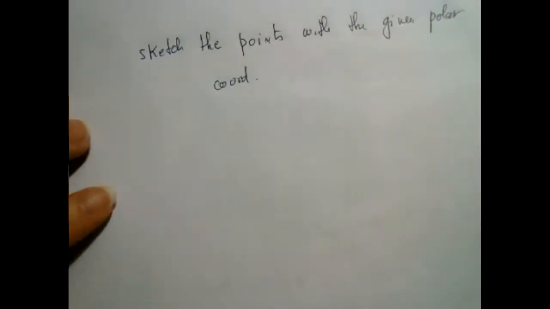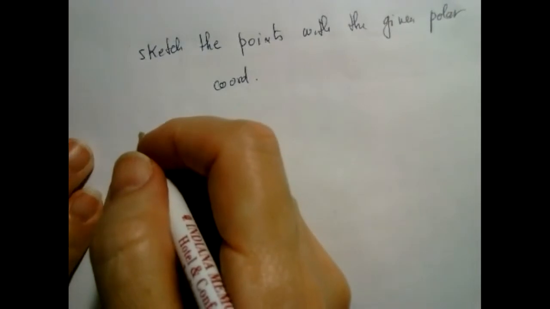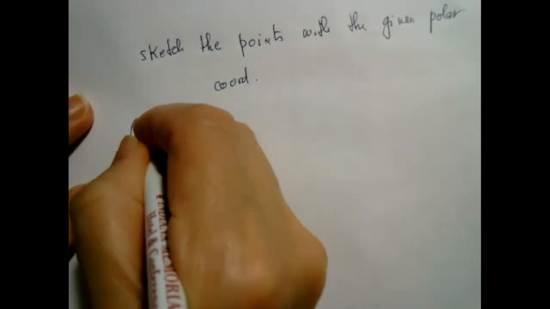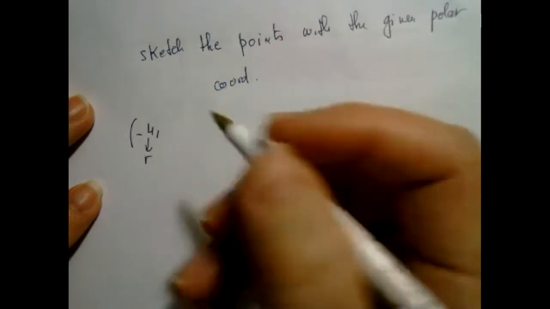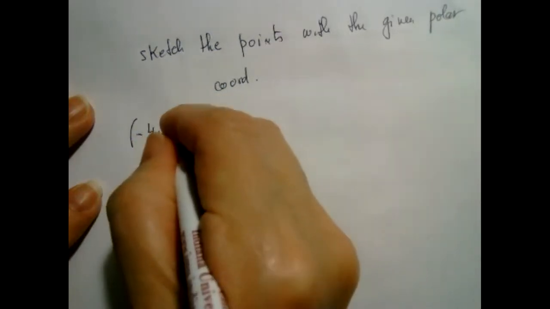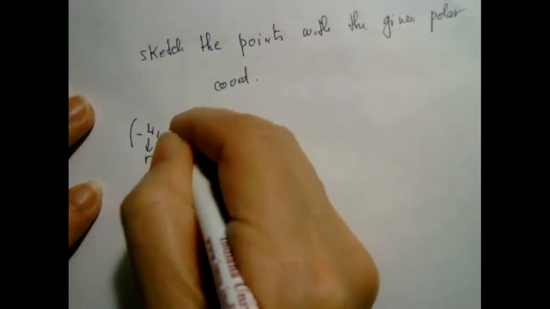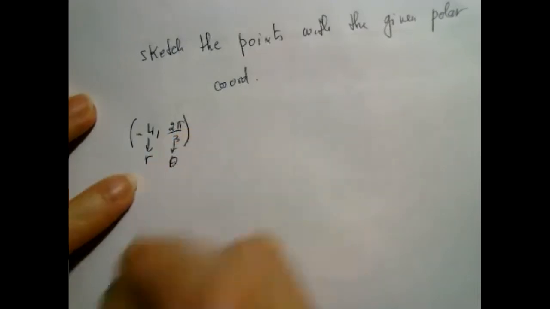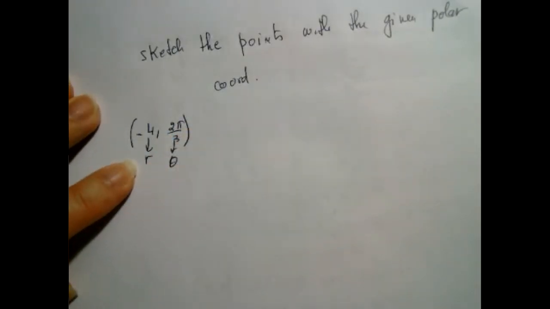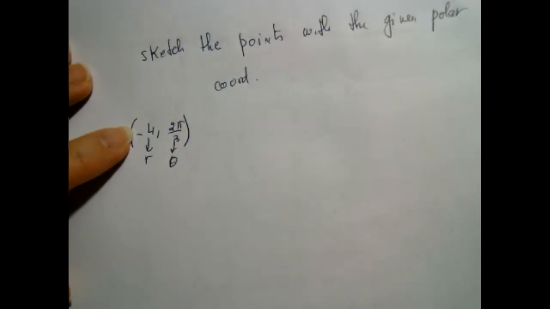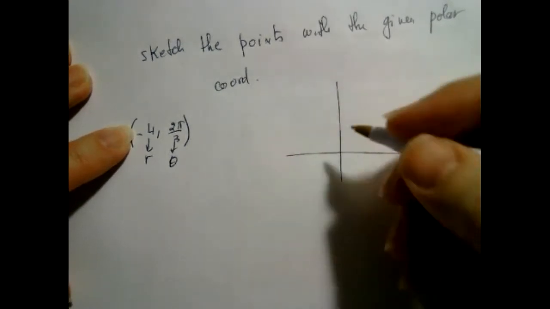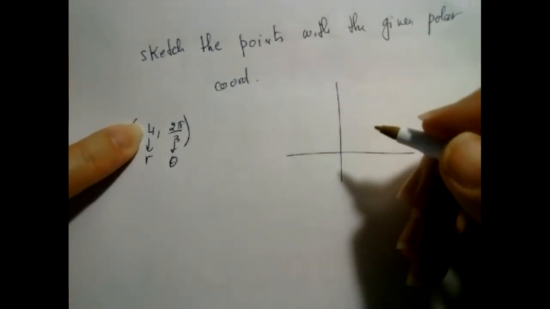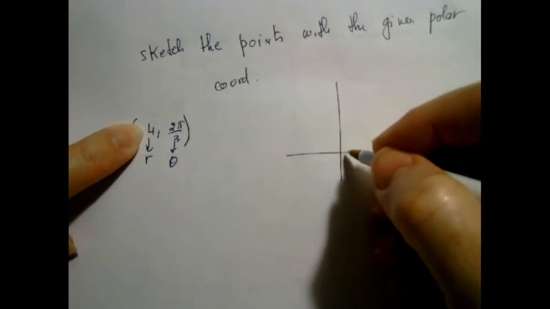Okay. So the first point that I sketch is minus 4, 2 pi over 3. So that's in polar. It means that's my r, which is negative here, and 2 pi over 3 is the theta. So r is negative. So how do we sketch a point in polar coordinates when r is negative? First, we sketch the one with the positive r for 2 pi over 3.